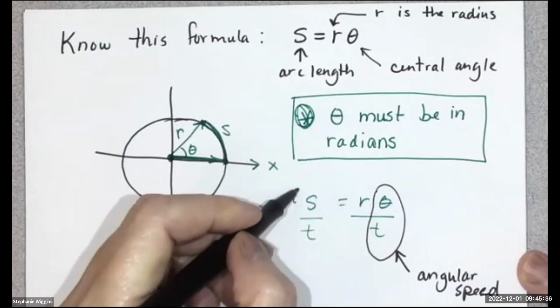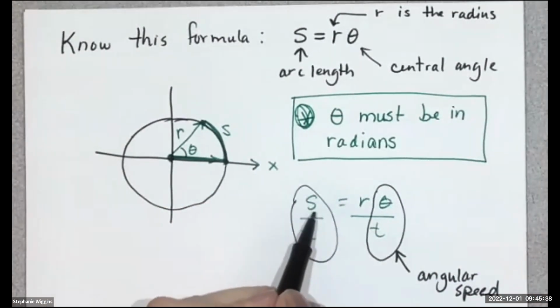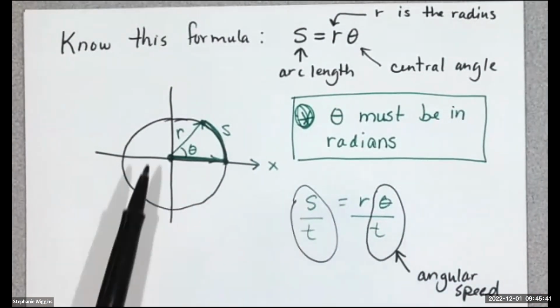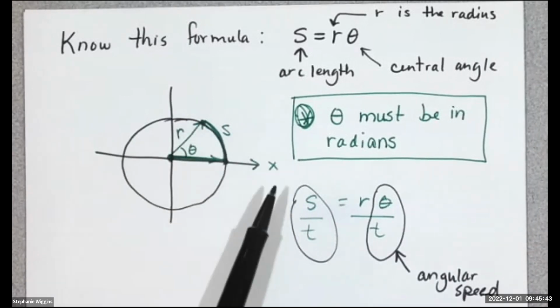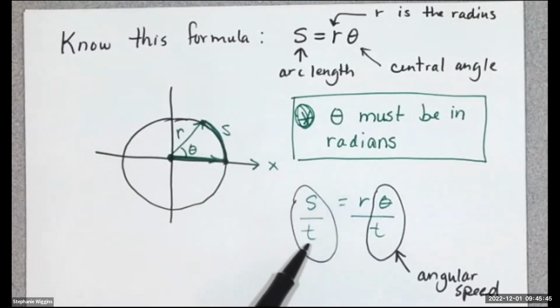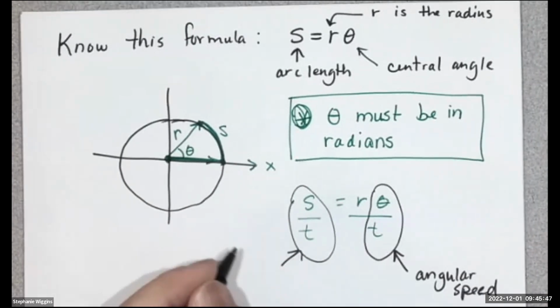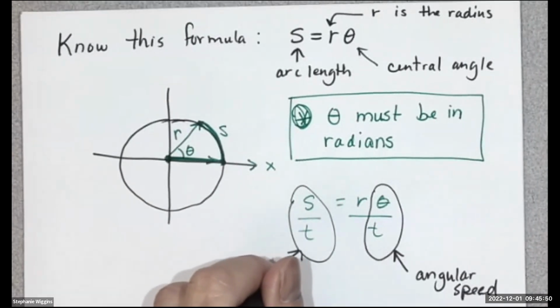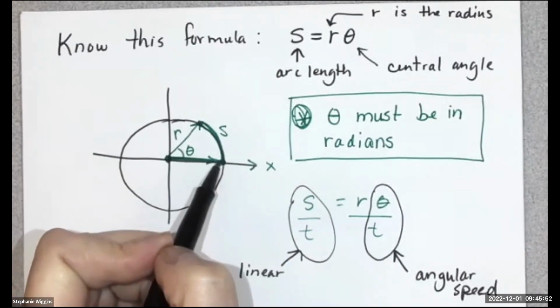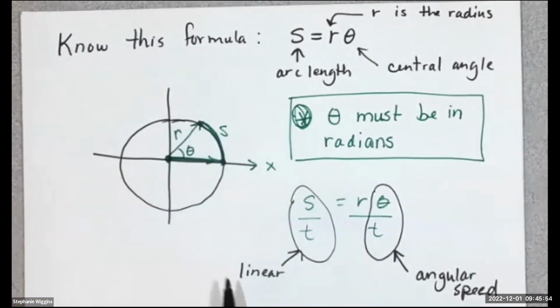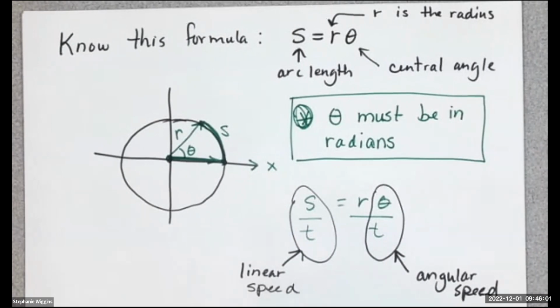And then the S over T, because S represents a distance, the arc length, is divided by time. Distance divided by time is linear speed, okay? So like if you're driving in a car, even if you're driving on a curve, like this arc length is a curve, it's still a linear speed that you're talking about because you're following the path of a line, so linear speed. Whereas angular speed has to do with how fast you're rotating. That's a different kind of speed.